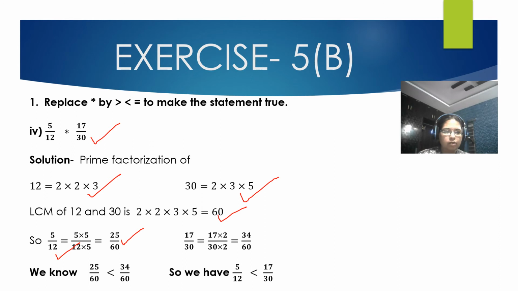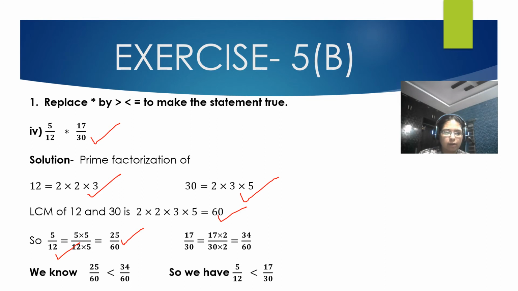Now we have to convert 17 divided by 30 into an equivalent fraction having the denominator, that is LCM 60. We know multiplying the denominator 30 with 2 we get 60.